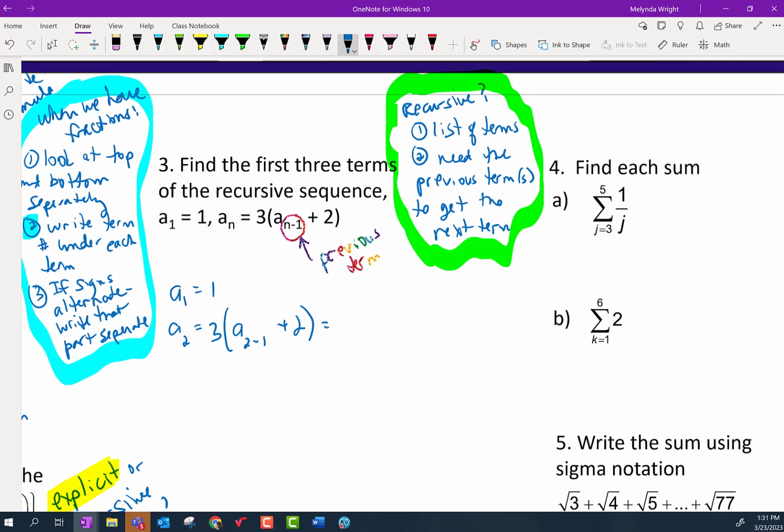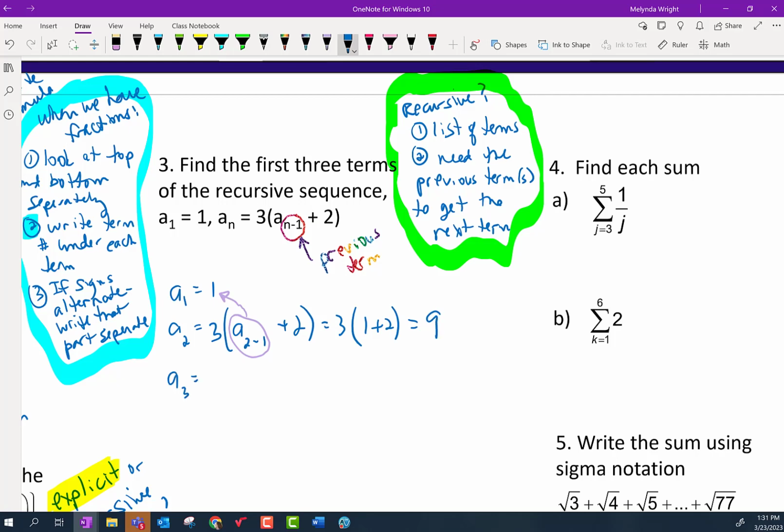Which is 3 times a sub, let's see, 2 minus 1 is 1, and a sub 1 happens to be 1 in this case. So we've got 1 plus 2 is 3, 3 times 3 is 9.